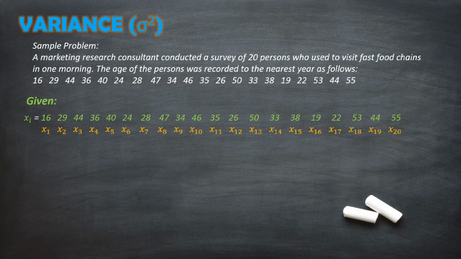To enumerate our x sub i's, we have our x sub 1, the first in order, which is 16. The orange colored text are our x sub i's.